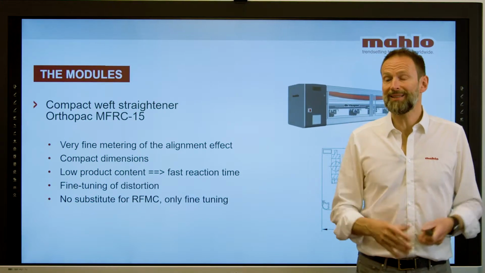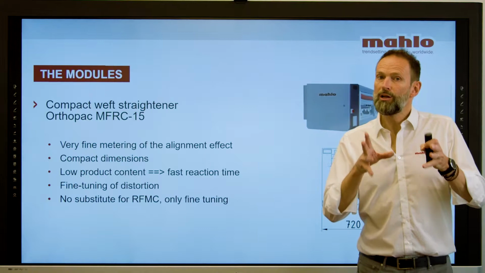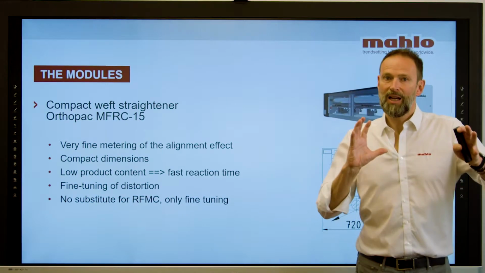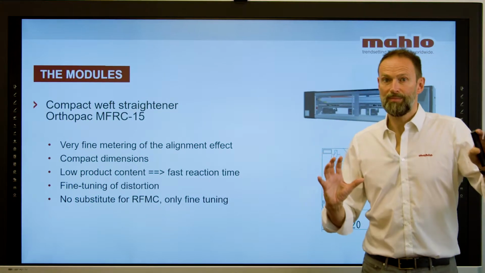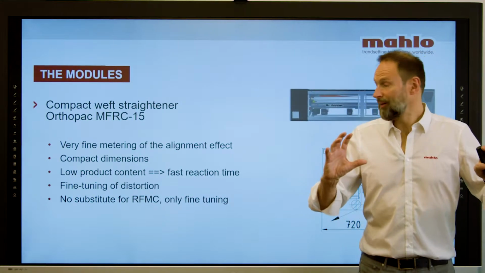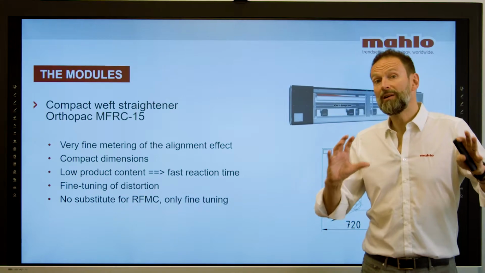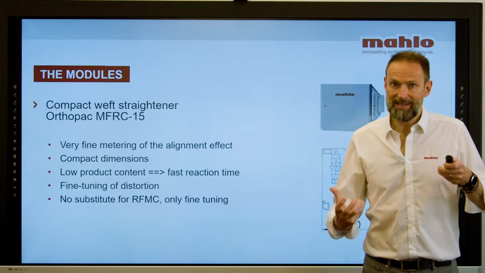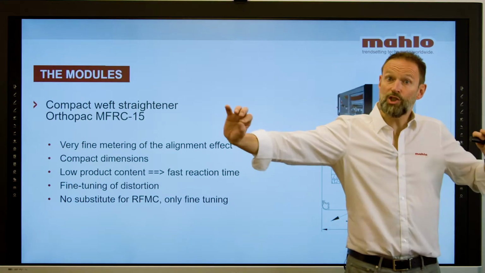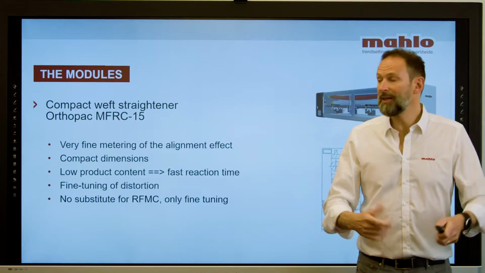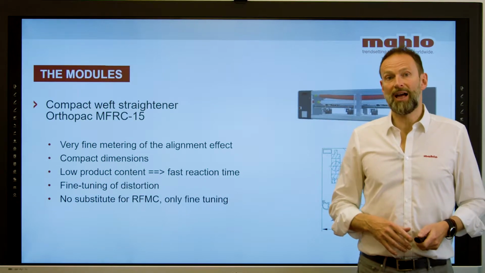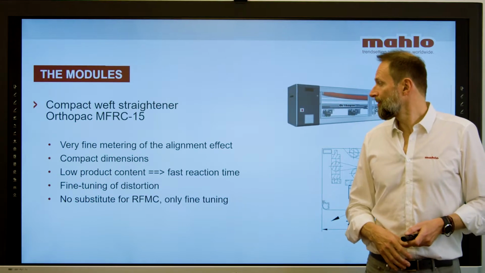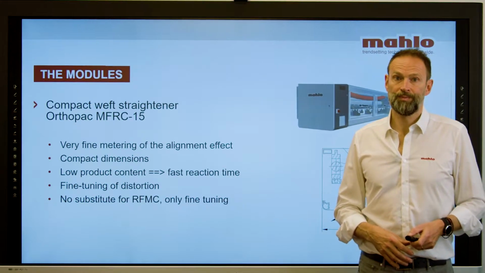Due to the compact dimensions and the low product content, you can make sure that all the changes we make have a very fast reaction time, and whatever is needed to get a straight line happens very, very fast, so we can guarantee a very fine tuning of the distortion.